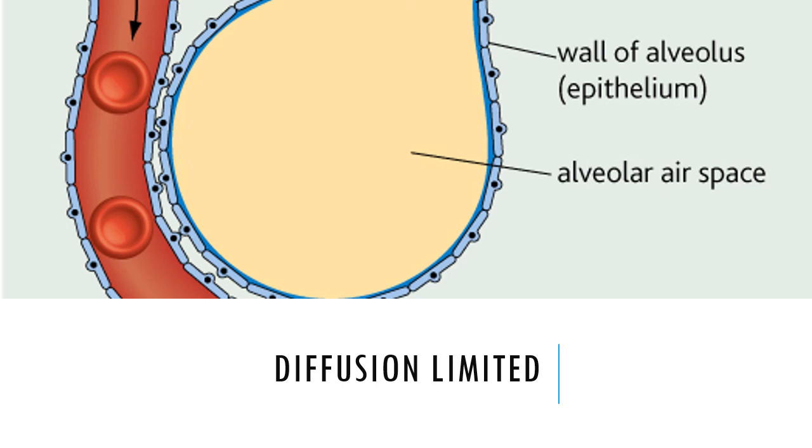If the alveolar capillary membrane is damaged in any way, scarred, if there's fluid, anything in the way, then movement of gas across the alveolar wall will be slowed or stalled.